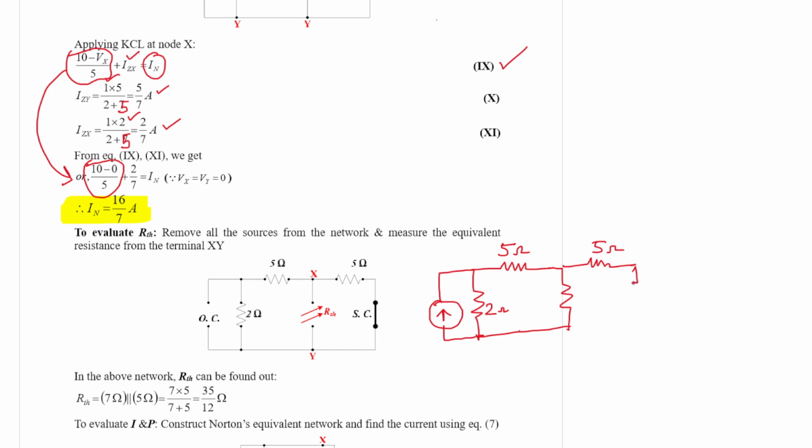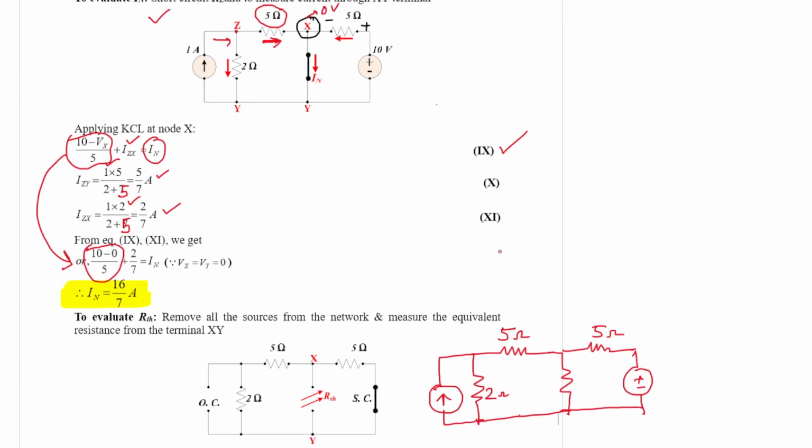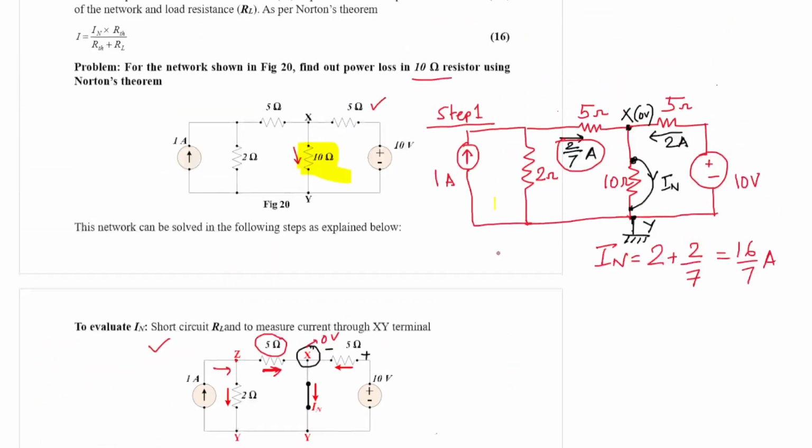So this was actually our original circuit. 1 ampere, 10 volt. 1 ampere is the current source, 10 volt is the voltage source, and this resistance was 10 ohm, I think. Yeah, 10 ohm.